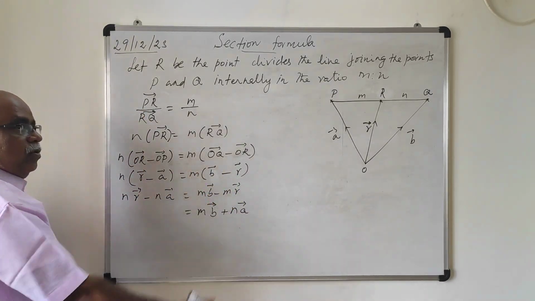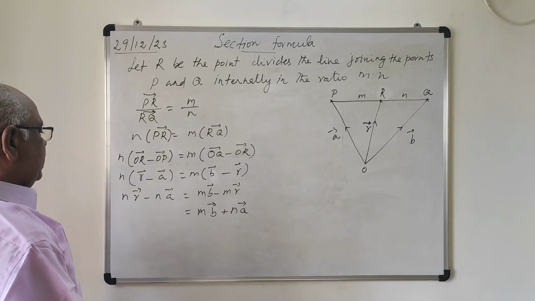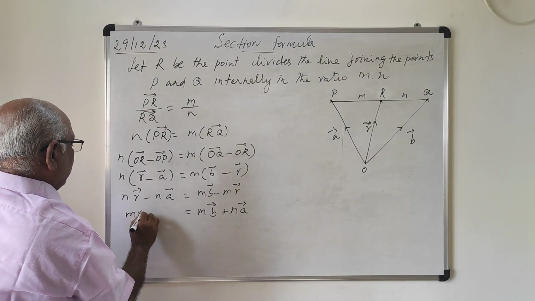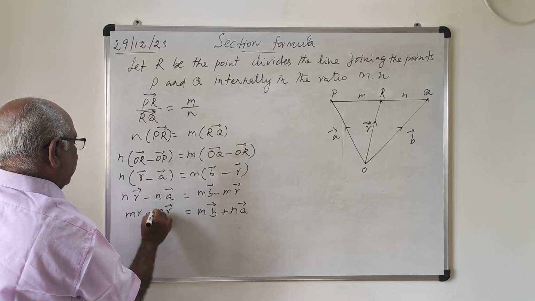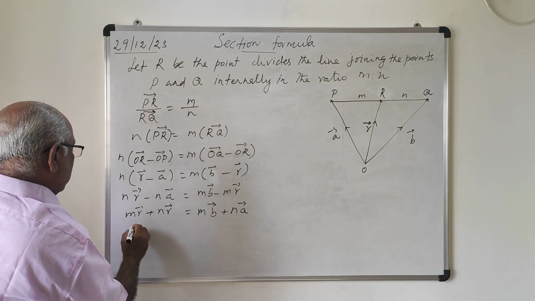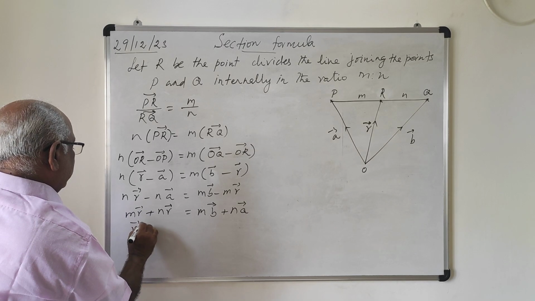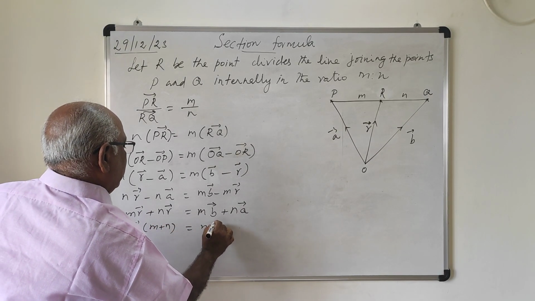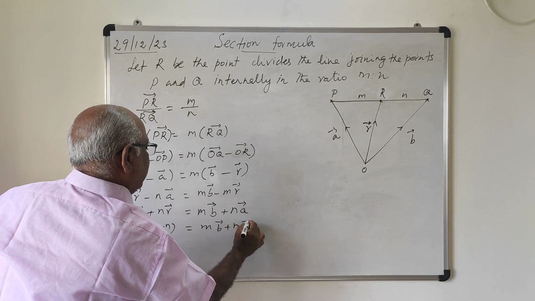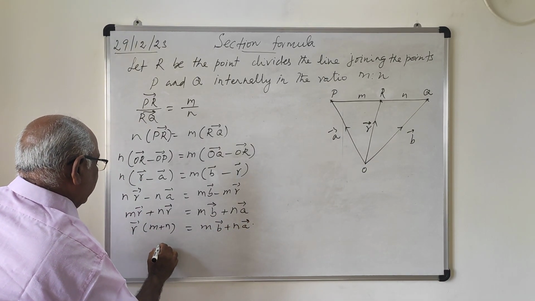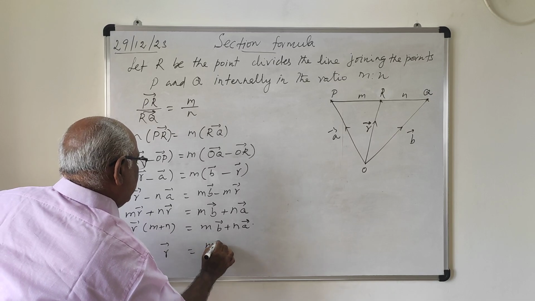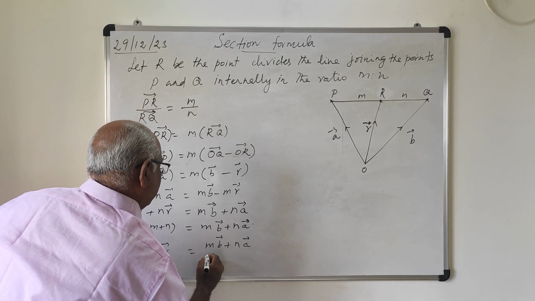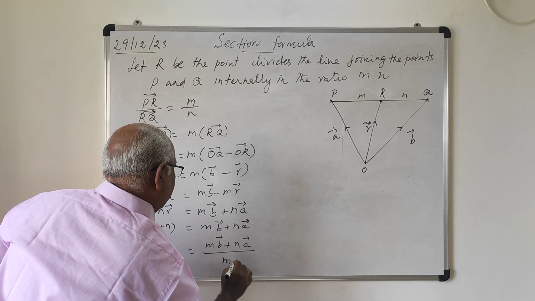Bringing mR to the left, we have mR plus nR. Taking R vector common, you get (m plus n) R equals mB plus nA.